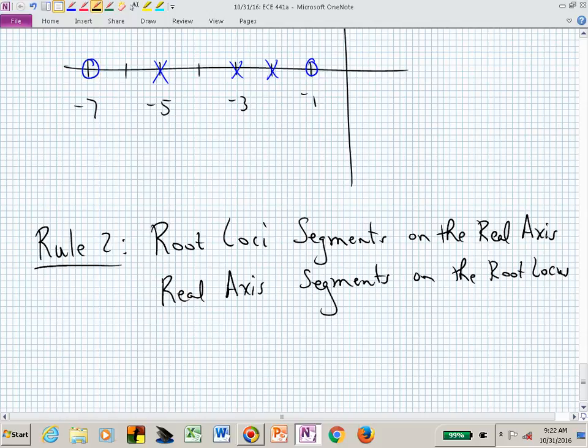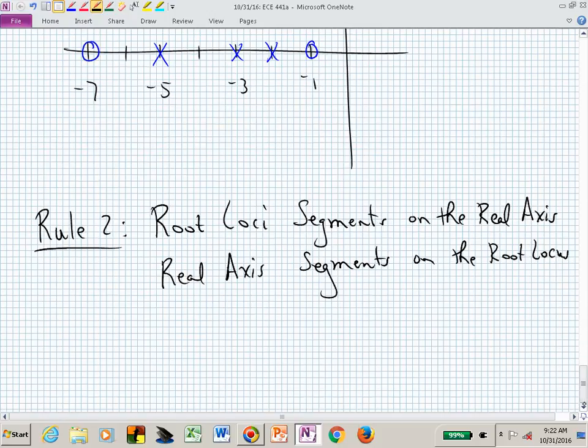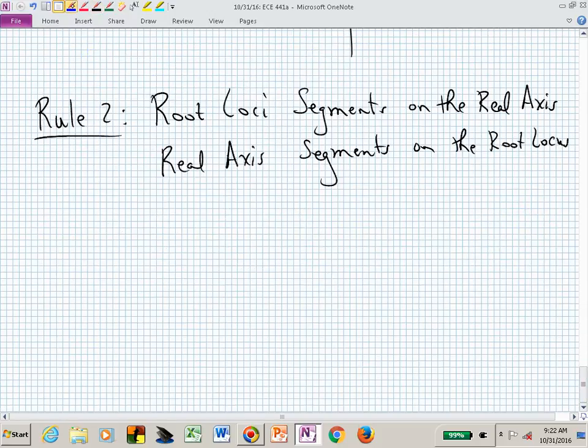That's the point of this rule. And here's how I will phrase that.